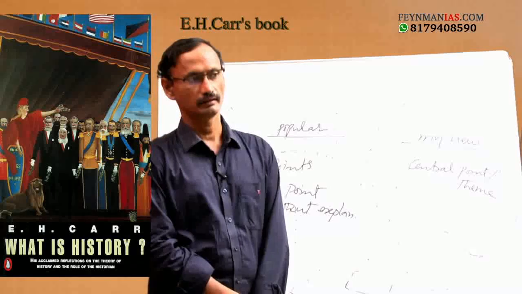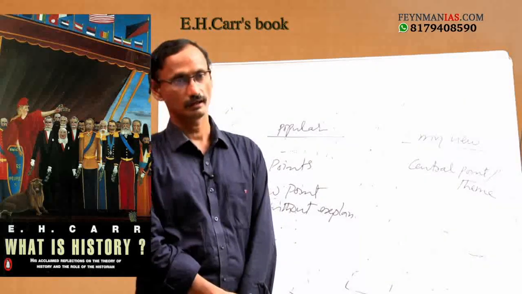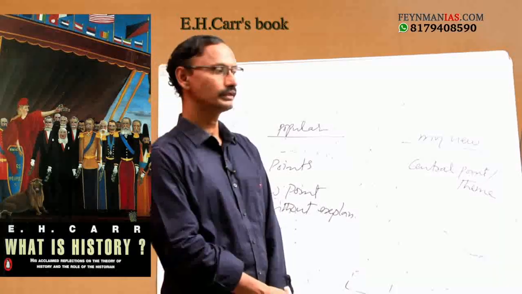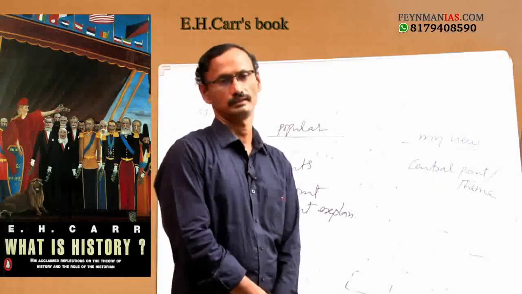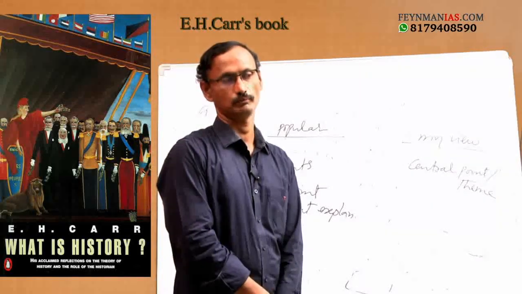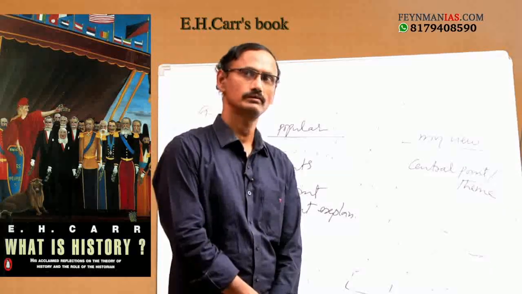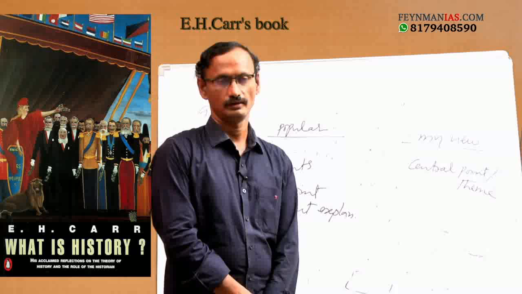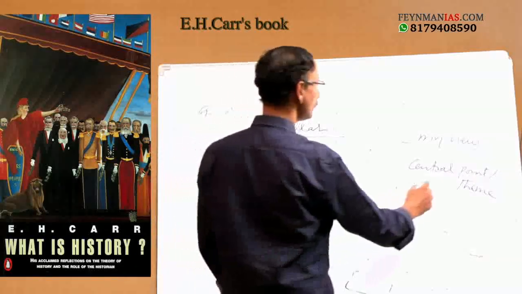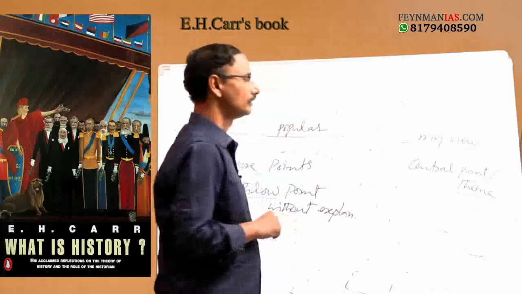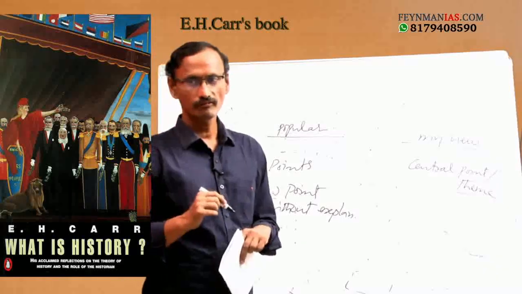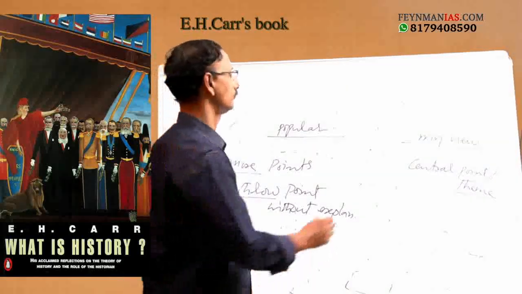But who should be given a first class? According to Carr, the one who has identified the central cause, the central theme, the most important reason why the Russian Revolution took place, he should be given first class. So, identify the central theme. But it doesn't mean you should confine yourself to the central theme only.